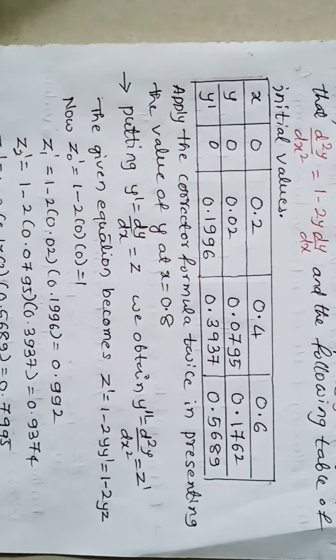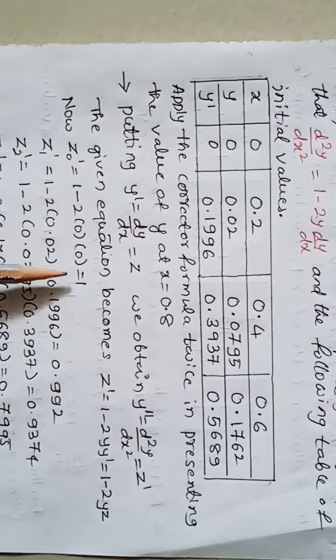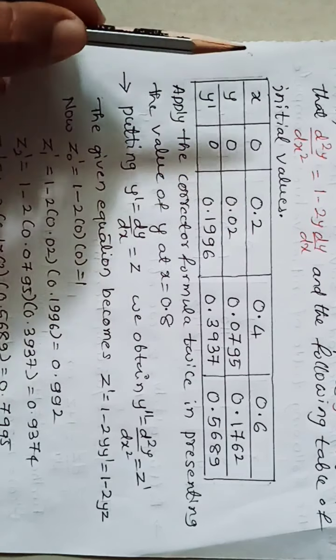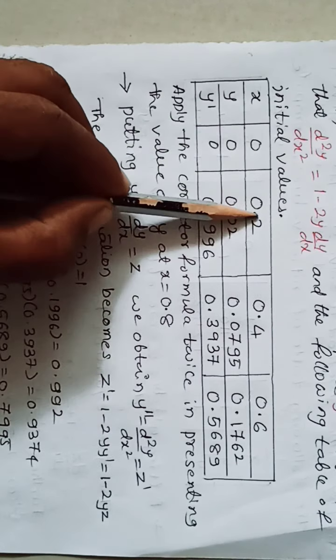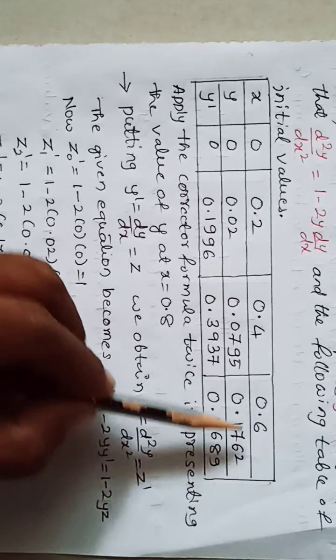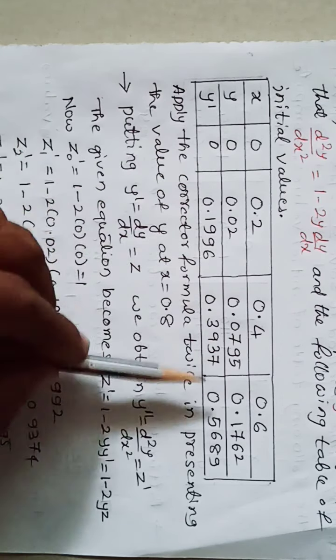Y naught is 0 and z naught is again 0. That means here x naught is equal to 0, x1, x2, x3, y naught, y1, y2, y3 and so on.